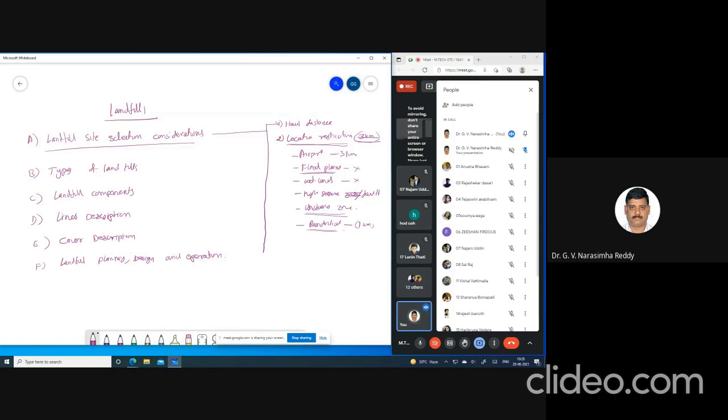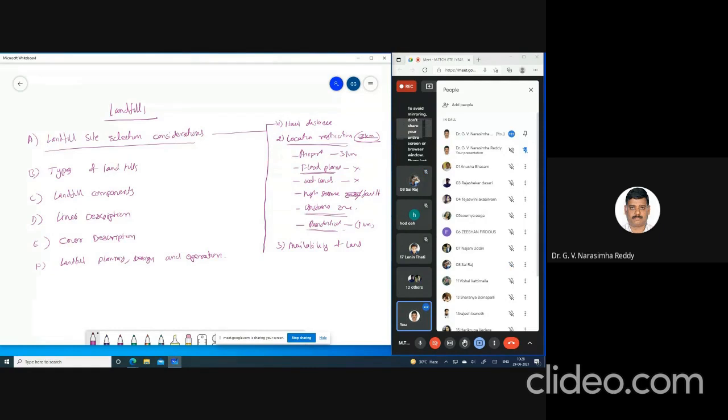This is the second point which you need to consider. And next is availability of land. How much land should be available for a landfill site? This you should estimate.